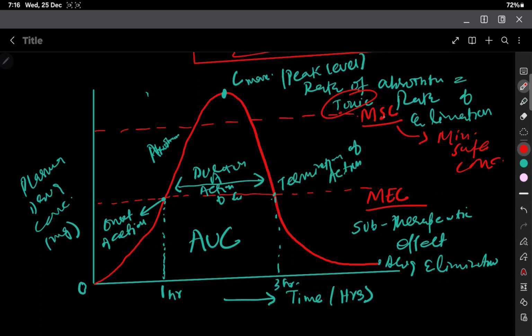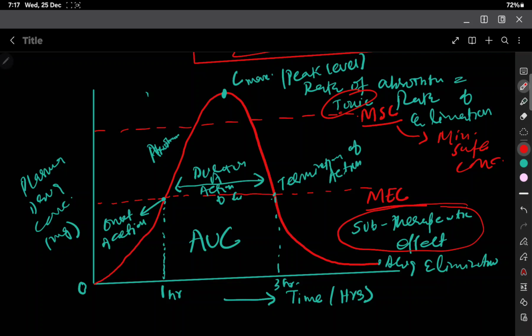If the concentration goes above the minimum safe concentration, the drug will start showing its toxic effect. Okay, and minimum effective concentration means the drug will start showing the effect here. If the concentration of the drug is below minimum effective concentration, it will not show any therapeutic effect. That's why this area is called the subtherapeutic range, or that effect is called the subtherapeutic effect.